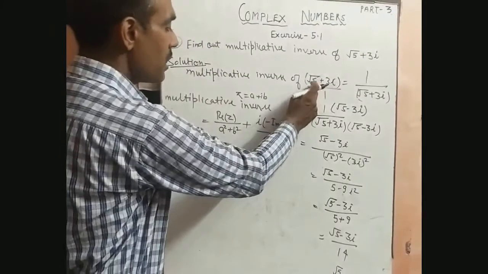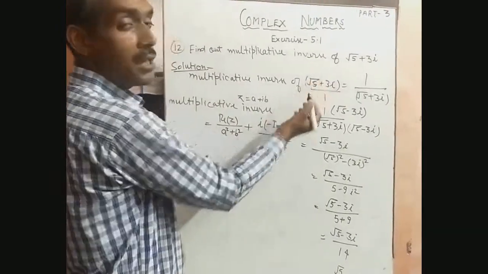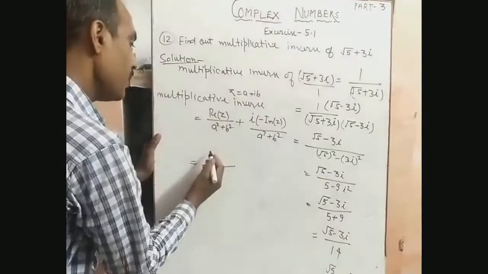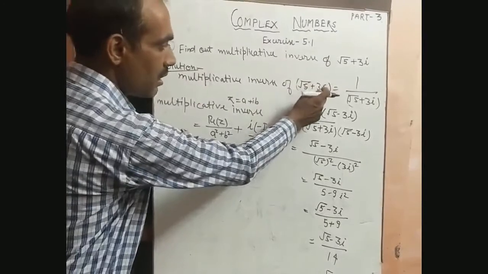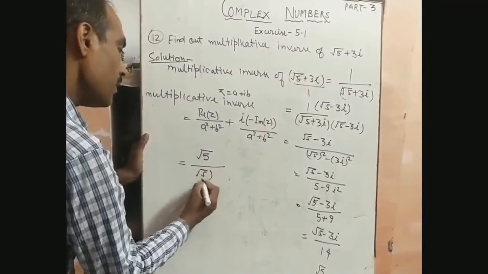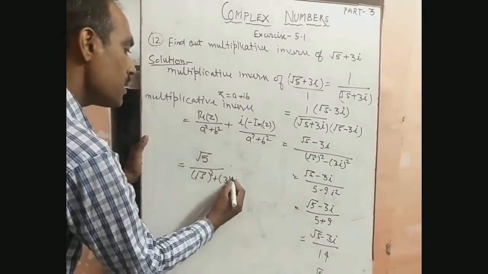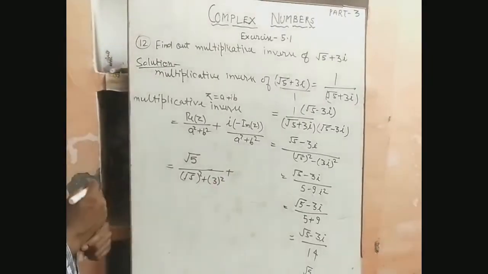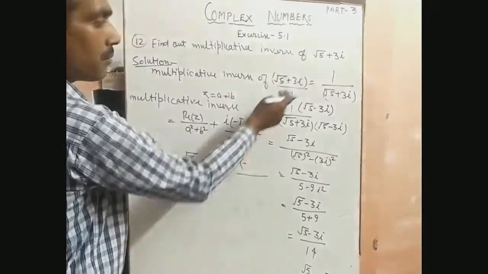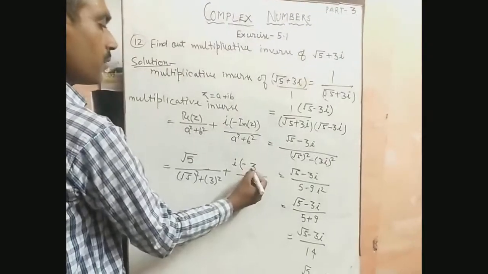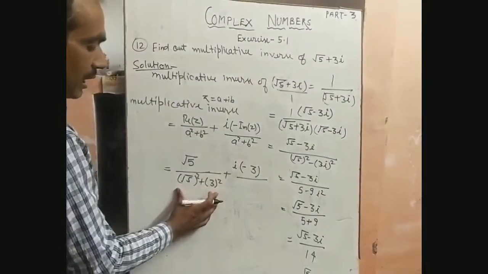In this question, what is the real part of z? Root 5 is the real part, and the imaginary part is 3. Then here root 5 square plus 3 square. Also write minus imaginary part of z, which is 3, and a square plus b square is the same.